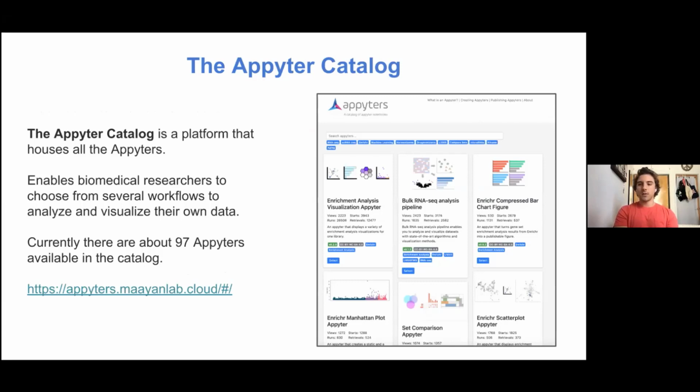And so again, if someone has a specific bioinformatics workflow in mind, they can browse the catalog by specific tags or keywords to find what they're looking for. And currently there are about 97 Appyters in the catalog, and that number is continually growing as the lab contributes more and more of these Appyters.